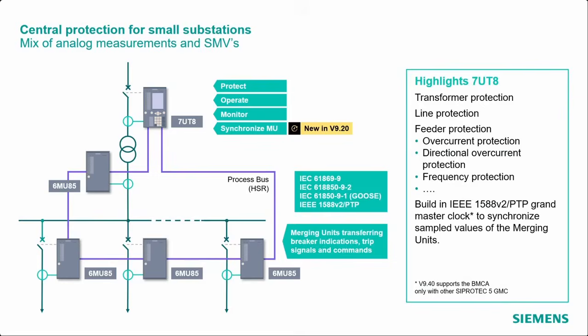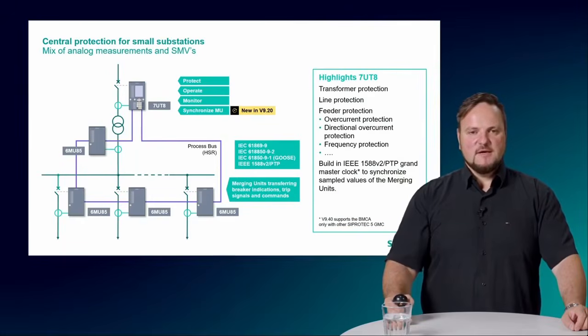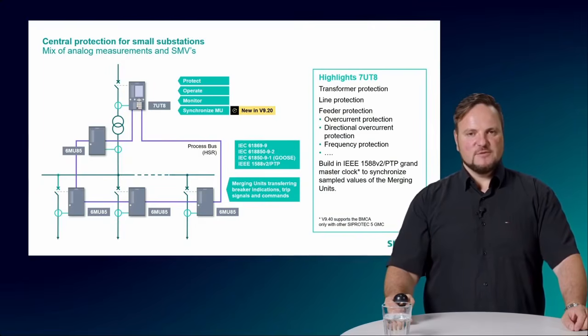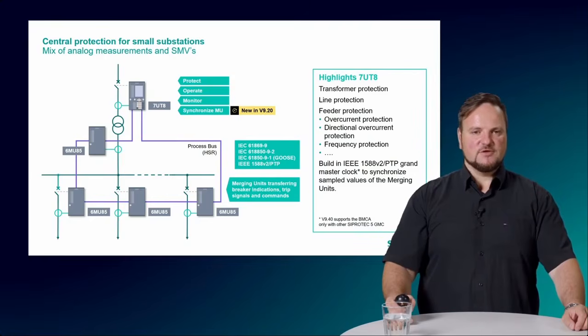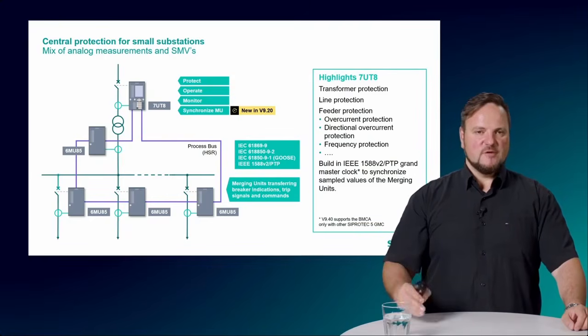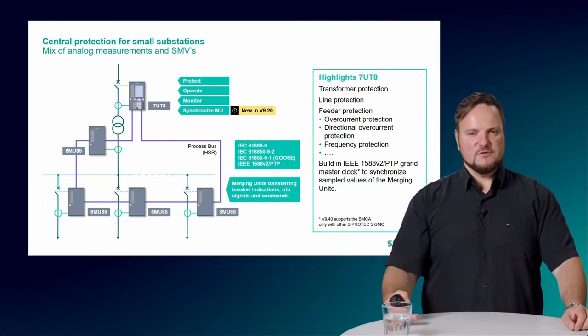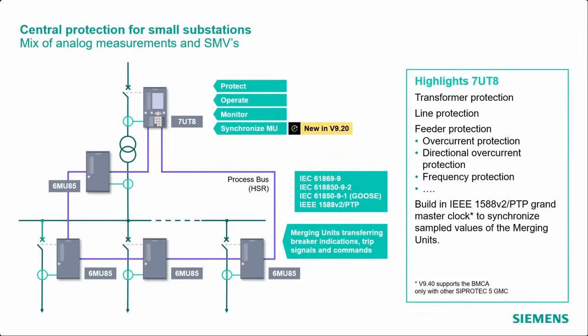This is also a good example where we have the transformer protection, which is the server, and in the field we have the merging units. On the upstream side we have a merging unit providing the SMVs to the transformer protection, and then we have additional merging units in each feeder. This is really a good example for a small central protection application.